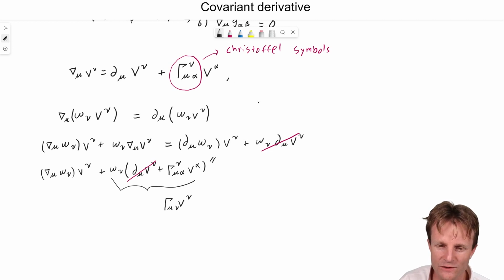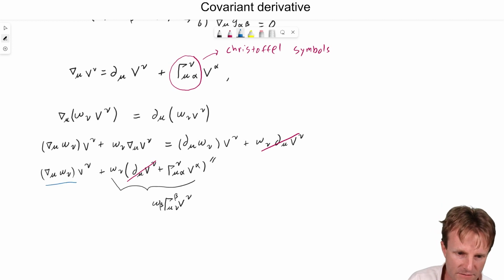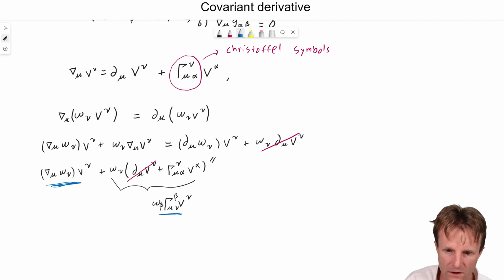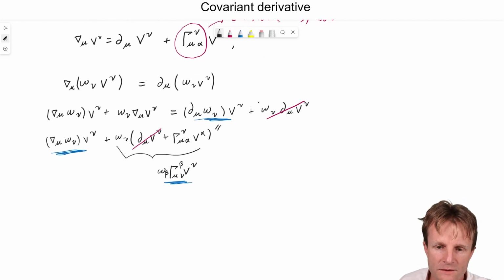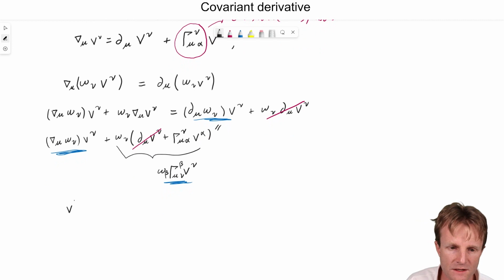But since I already used a nu up here, I better change that to some other symbol like beta. And then this omega nu becomes omega beta. And now in this equation, I have 3 terms, all proportional to v nu. And so I can write those out as v nu.